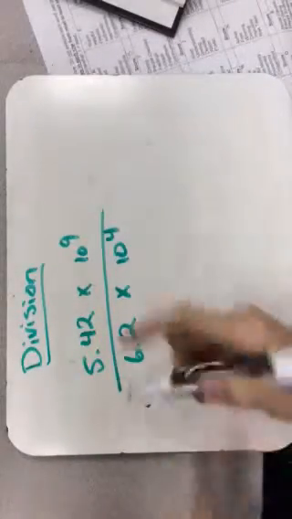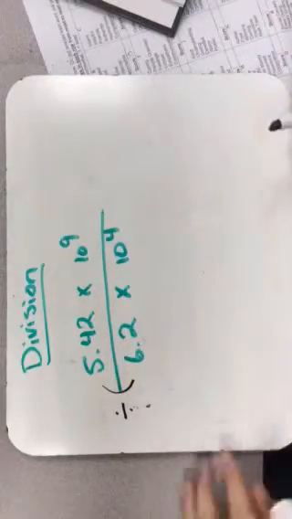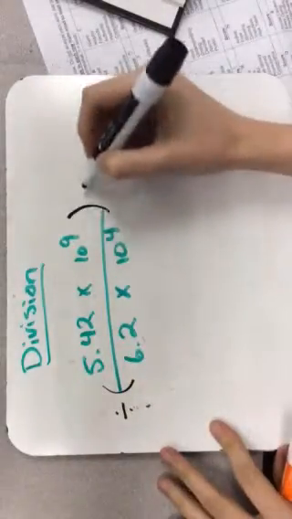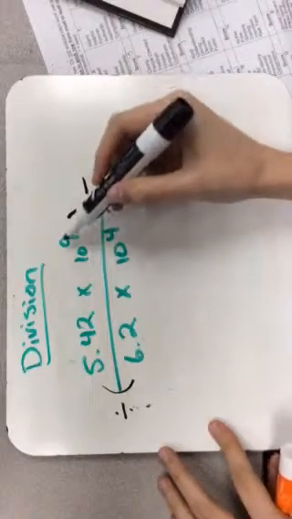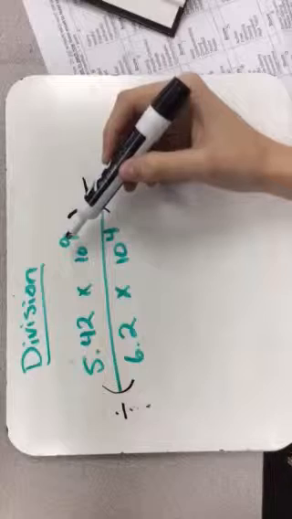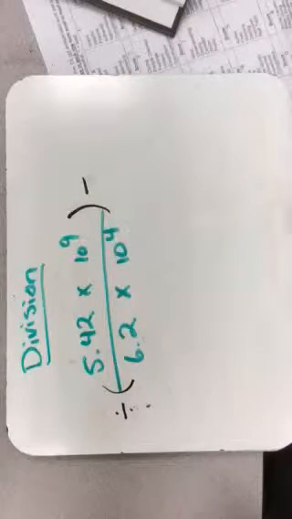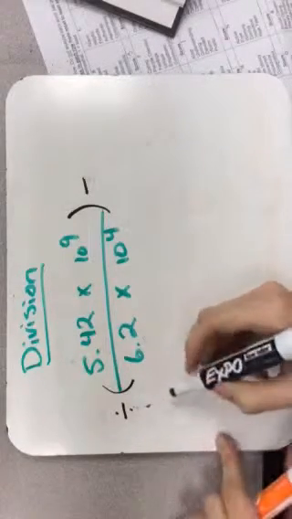Here, you're going to divide the coefficients, so these two numbers in the front, and then you're going to subtract 4 from 9. You subtract the exponent in the denominator from the exponent in the numerator, rather than adding like we did with multiplication.